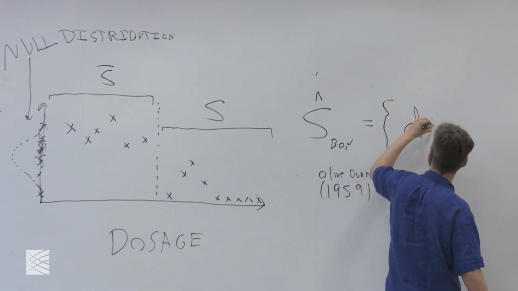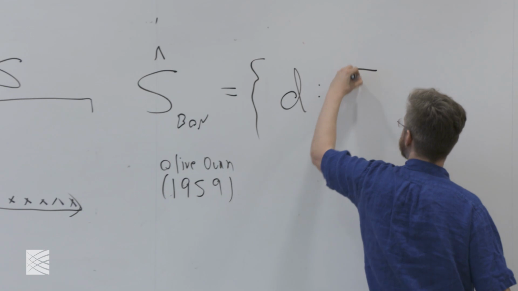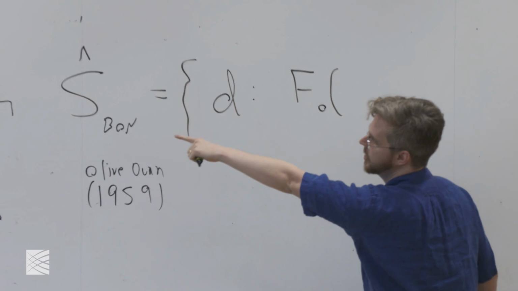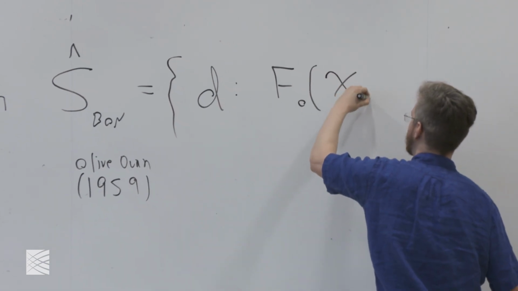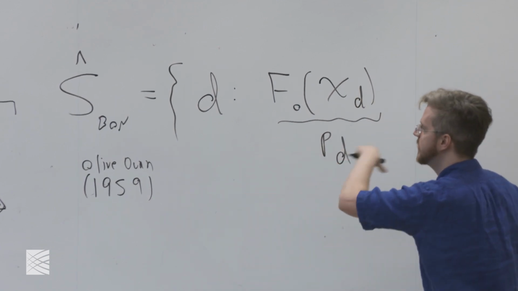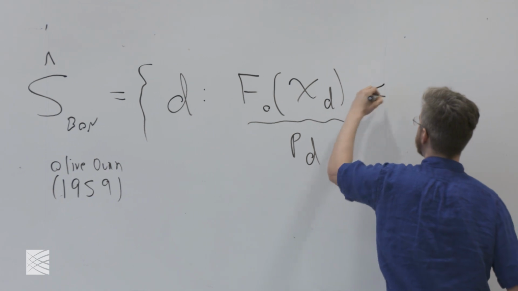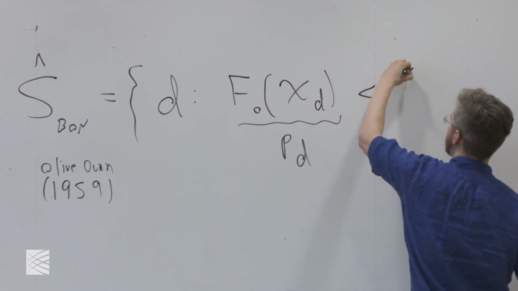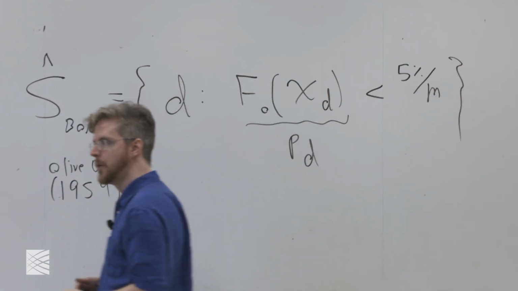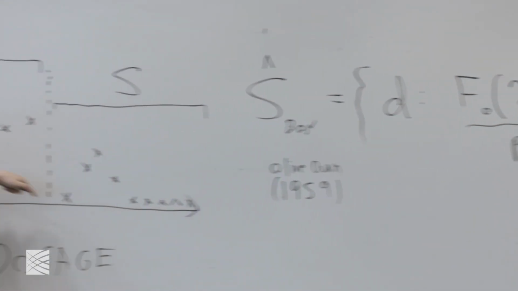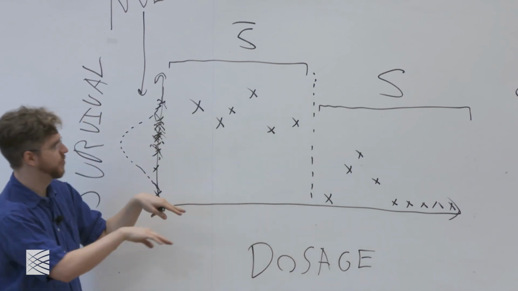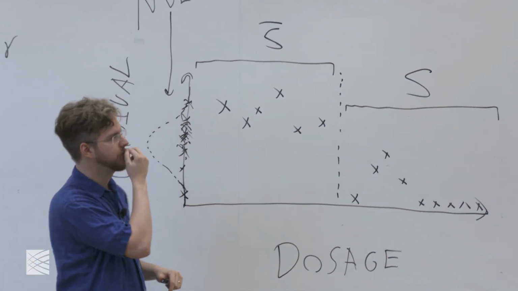It's the set of dosages such that the p-value, which in this case is the cumulative distribution function of the null distribution applied to the observation, so you can just think of this as the individual p-value for each observation, is less than, let's say, 5% divided by the number of dosages we're testing. In this case, low p-values mean that they are important. So in this case, it's F0. I'm testing it from the left.